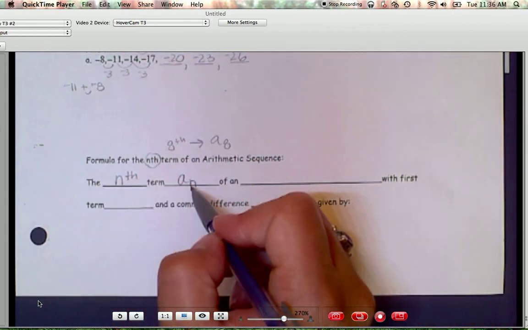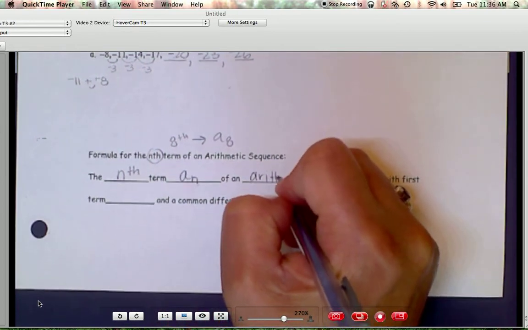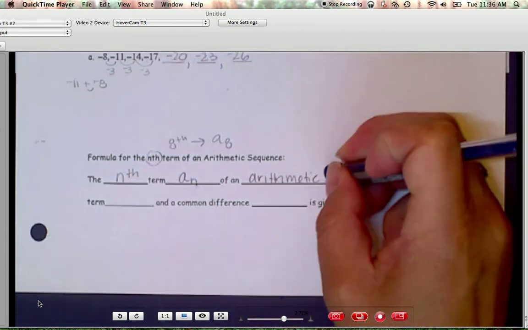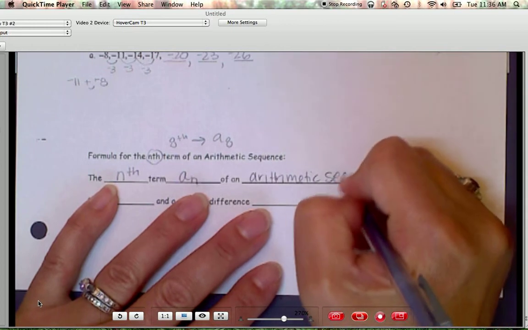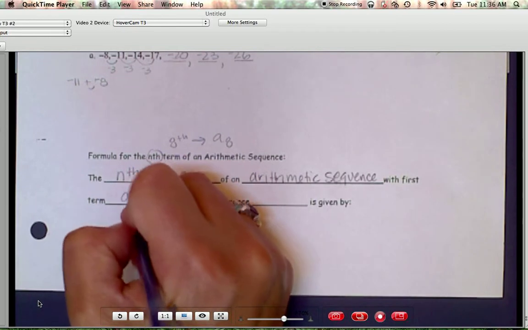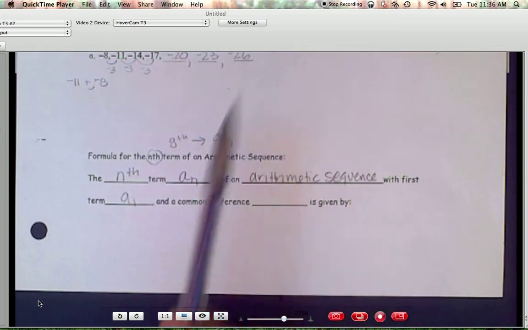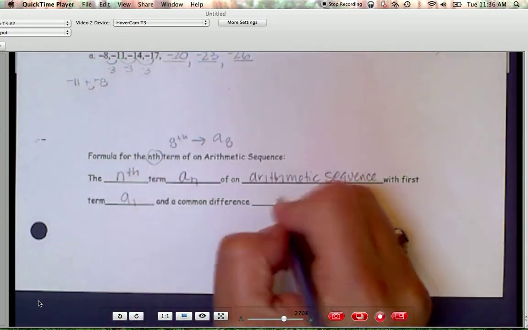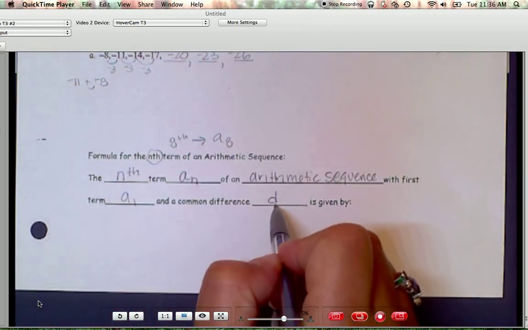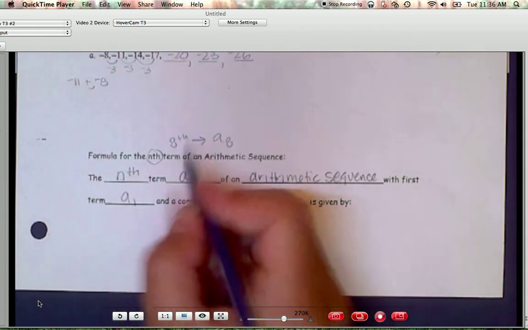The nth term, a sub n, of an arithmetic sequence, with a first term, which is a sub 1, and we kind of talked about that up at the beginning, and a common difference, d. So the first term is a sub 1. The common difference is called d. And if we want to find the nth term, we're finding a sub n. So here's the formula.